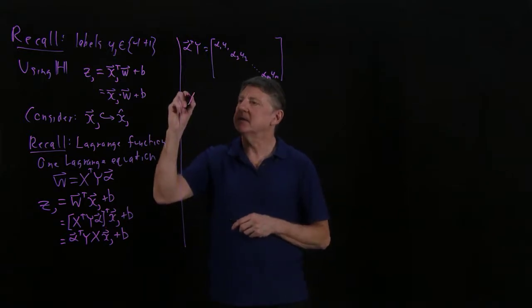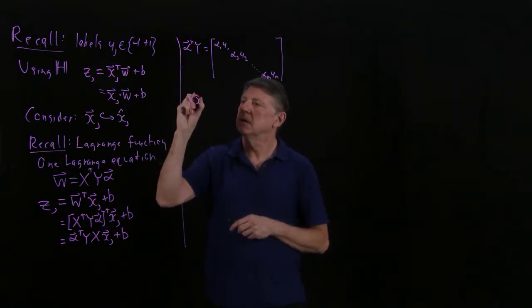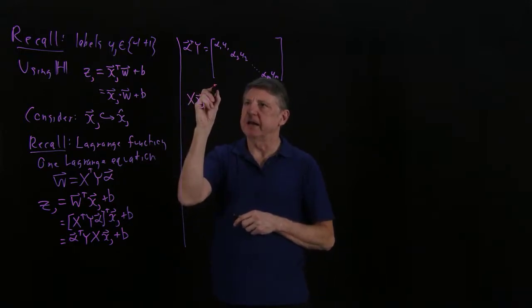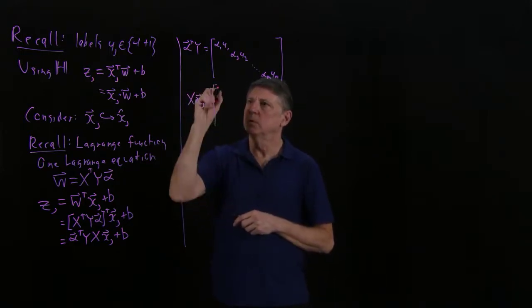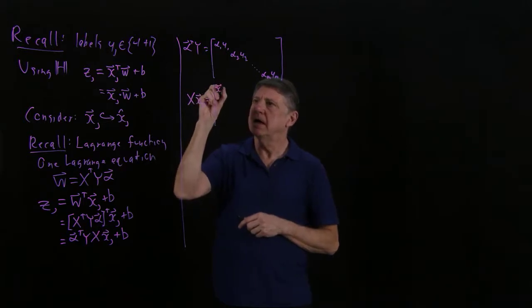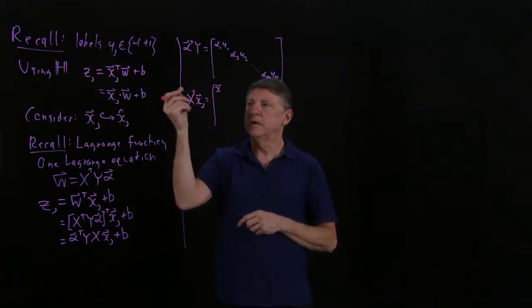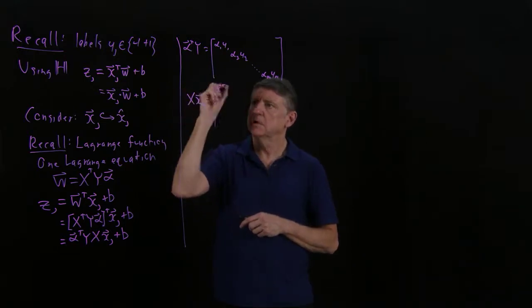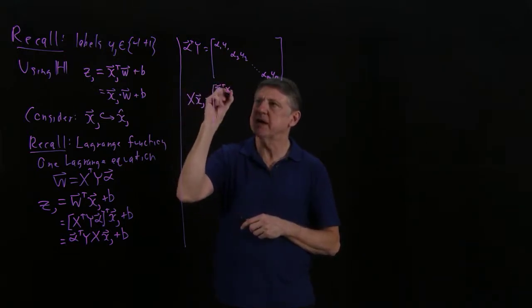The first entry will be x1 transpose xj.